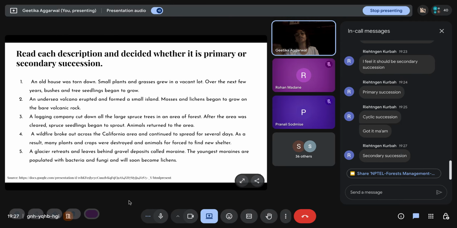And the last one is that a glacier has retreated and it leaves behind gravel deposits called moraine. The youngest moraines are populated by bacteria and fungi and will soon become lichens. So, is this an example of primary or secondary succession?